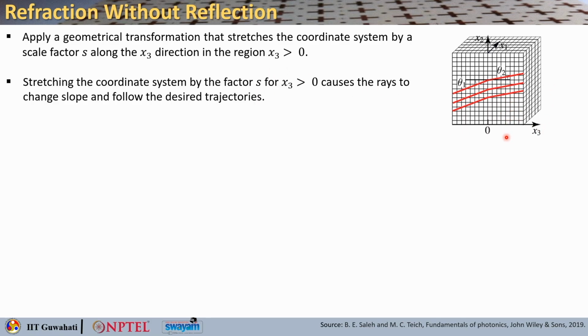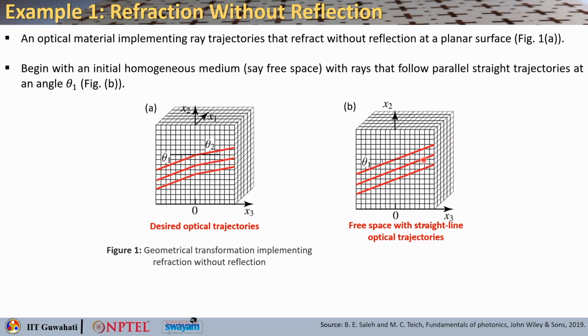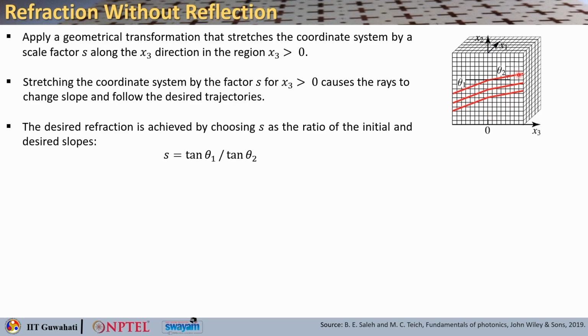Stretching the coordinate system by a factor of s will cause the rays to change their slope. So, from this straight parallel slope, when you stretch only the positive part of x3, the rays will develop a slope, and this angle can be marked as theta 2.